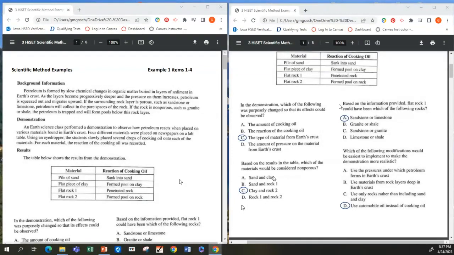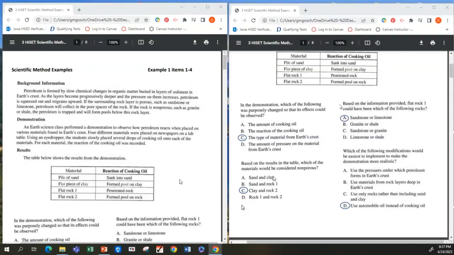Okay, background information here. Always take the time to read the background information and get comfortable with the information that they are displaying in any kind of a data display. So petroleum is formed by slow chemical changes in organic matter buried in layers of sediment in the Earth's crust. As the layers become progressively deeper and the pressure on them increases, petroleum is squeezed out and migrates upward.